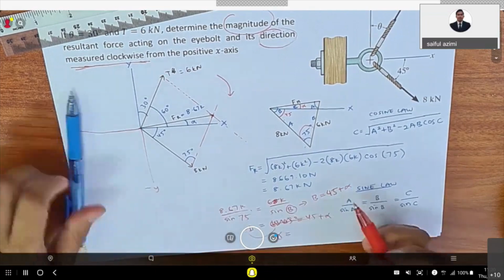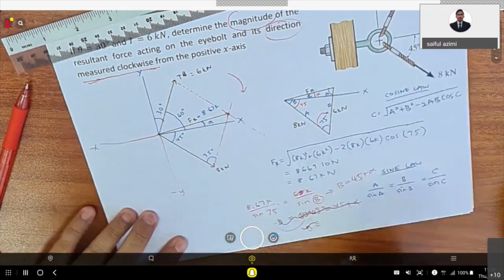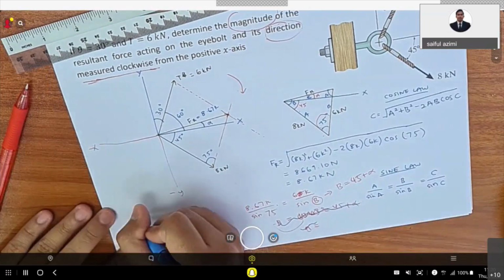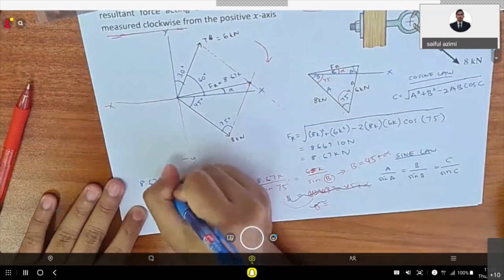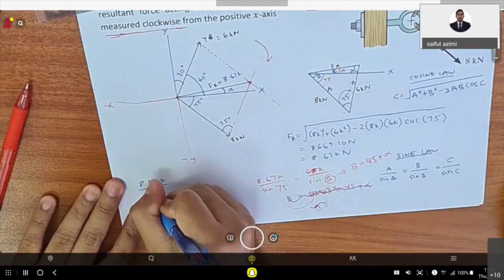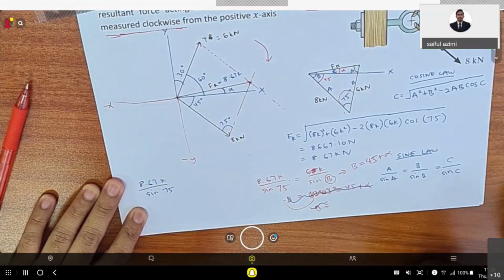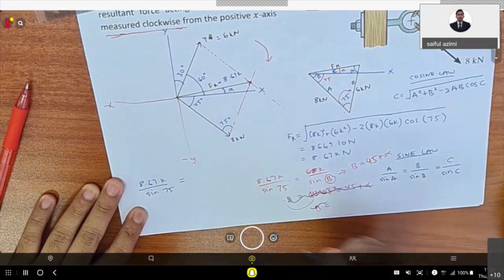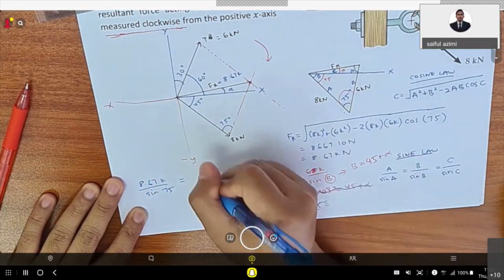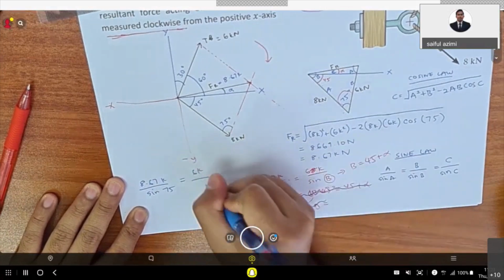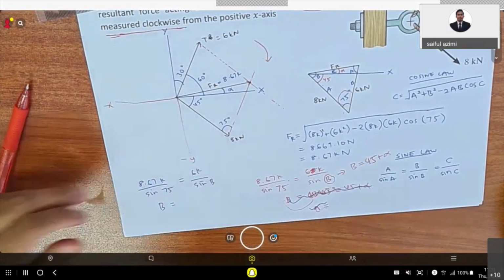Let me calculate first. Sorry, let me write again. 8.67 kilonewton over sine 75 equals to 6 kilonewton over sine B. So what is the value of B here?